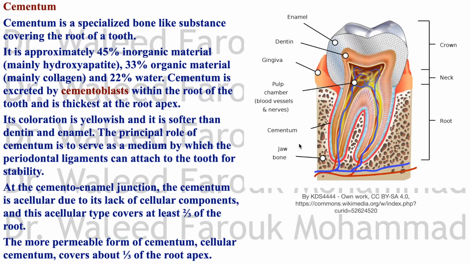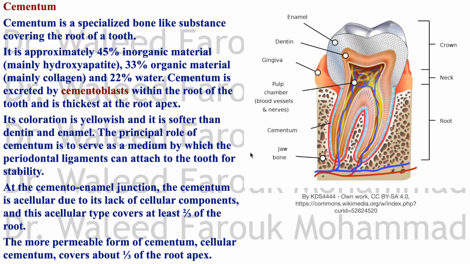The cementum is acellular at the cemento-enamel junction, and the acellular type covers about 2/3 of the root, while at the apex of the root there is the cellular type of cementum, and it covers about 1/3 of the root.